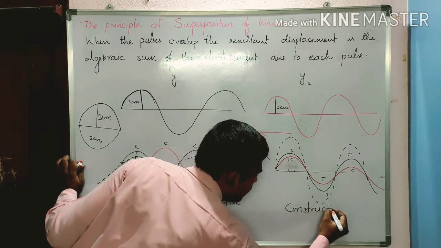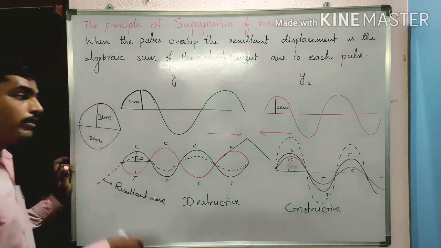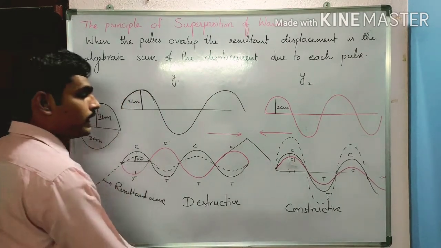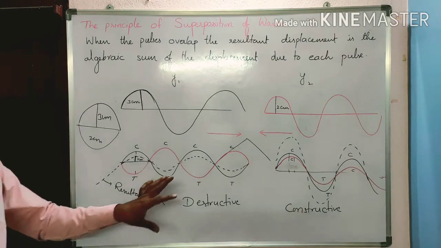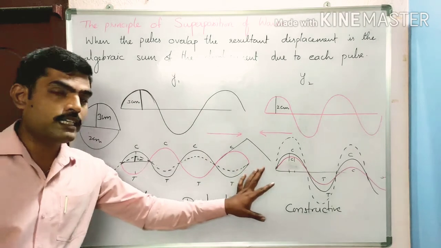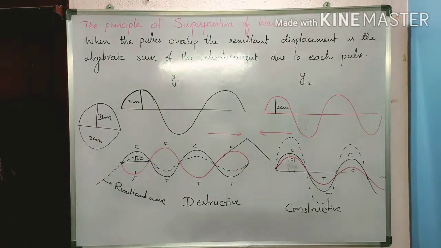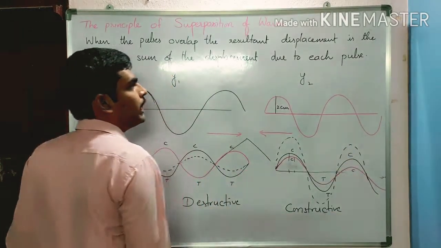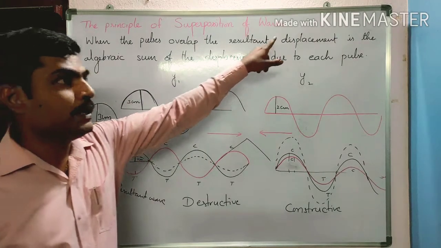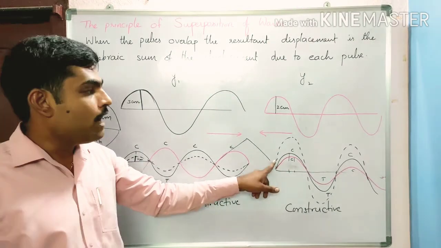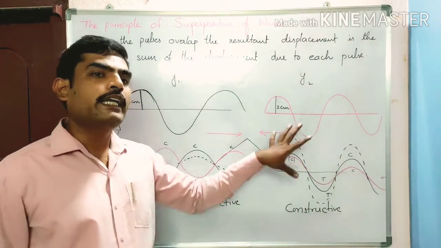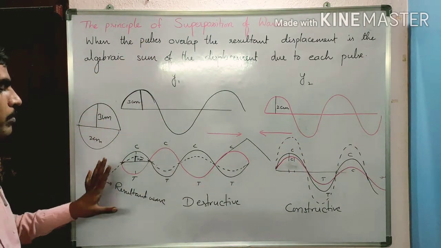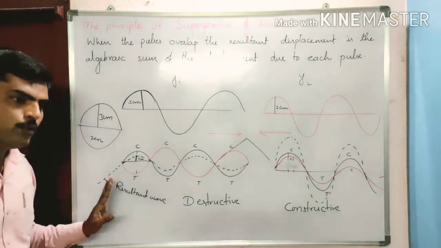This type of interference, in our further classes on wave equations and wave optics, we will get the same discussion. In constructive interference, the amplitude will be maximum. Here displacement is speaking about the amplitude. Amplitude is maximum in constructive interference. Amplitude is minimum in destructive interference.